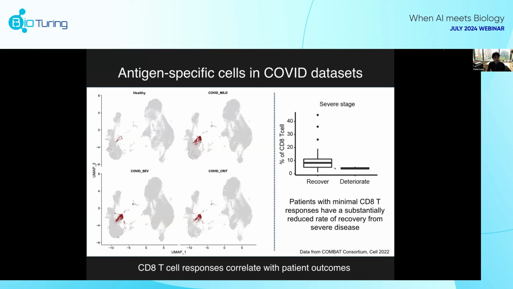And again, this is just a correlative analysis. I don't want to claim that we have causal data here, but it's very supportive of the idea that patients who are able to mount a strong T cell response to infection have a better chance of recovering from the disease, and highlights the value of being able to track these responses in patients over time.